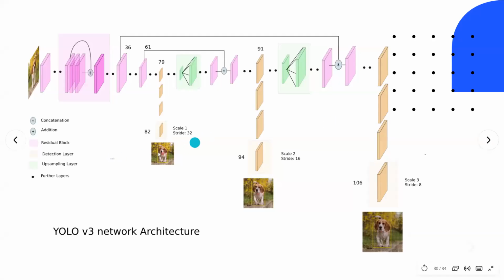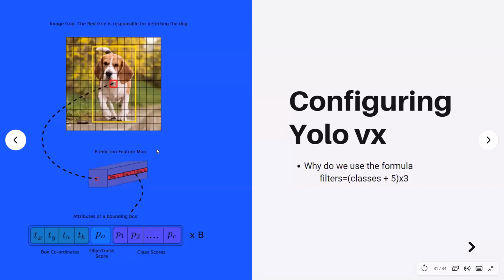At each one of these scales, or each one of these detectors, we will be splitting the image into regions. For example, the image of the dog will be downsampled while it's going through the CNN. The size will be getting smaller and smaller until we arrive at a size of 13 by 13, right?